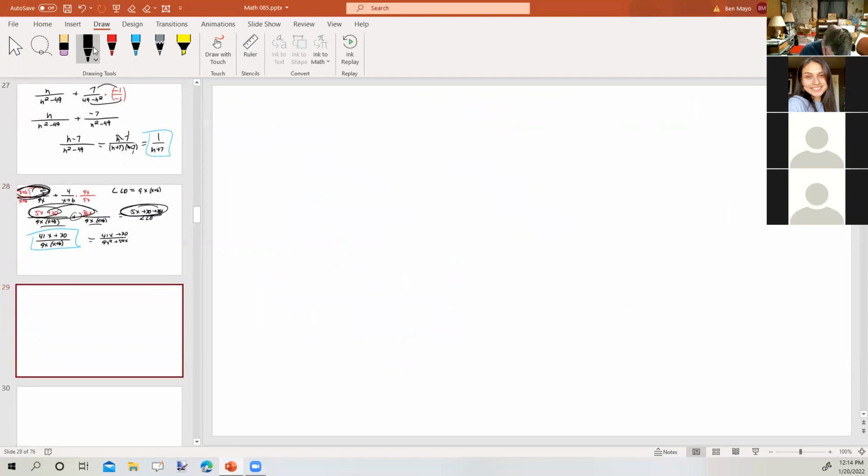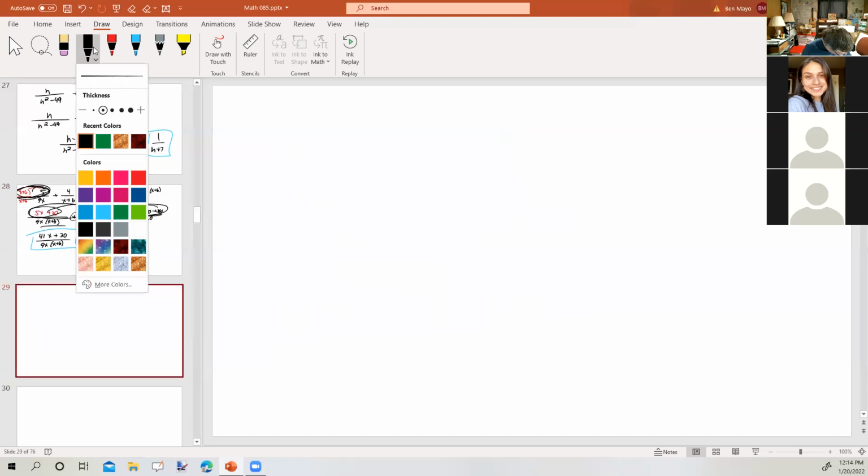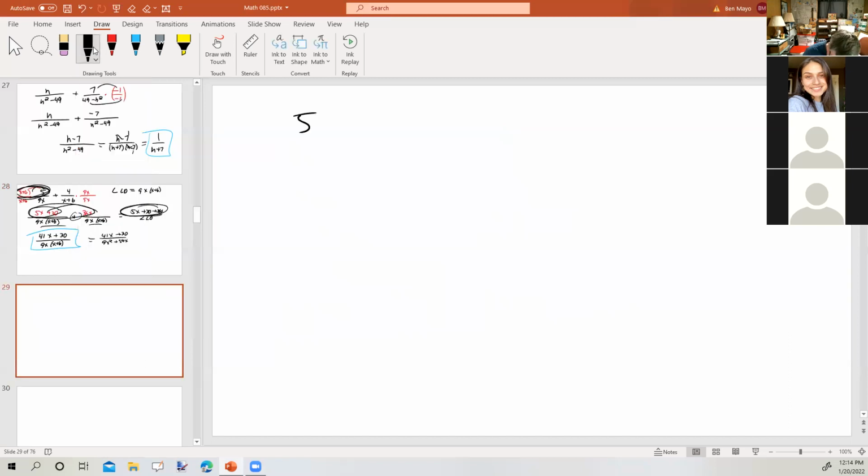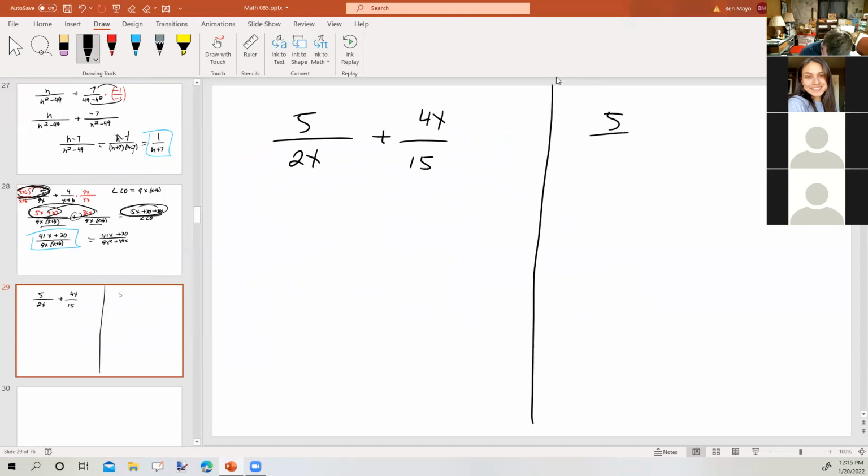One last example here. These are called lookalikes. Recall from basic arithmetic. When you're adding or subtracting fractions, you need a common denominator.